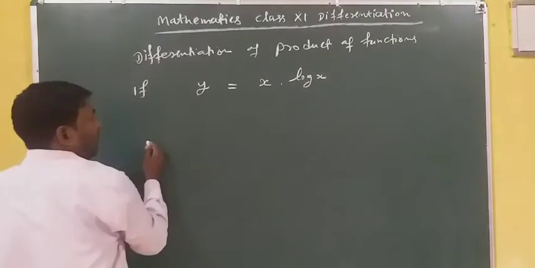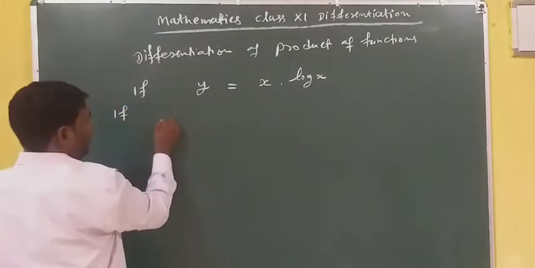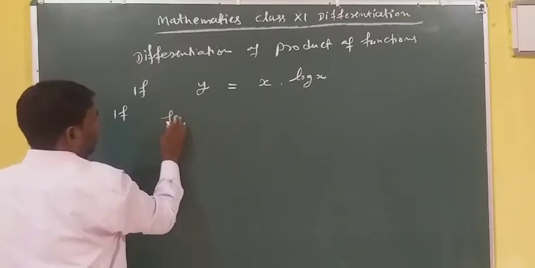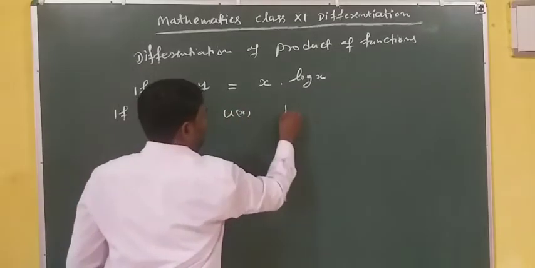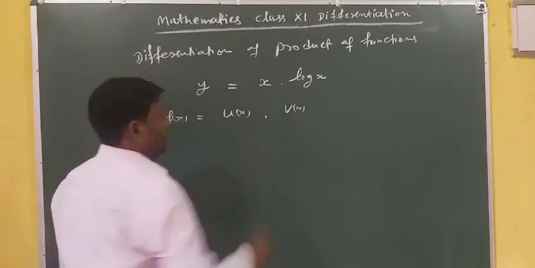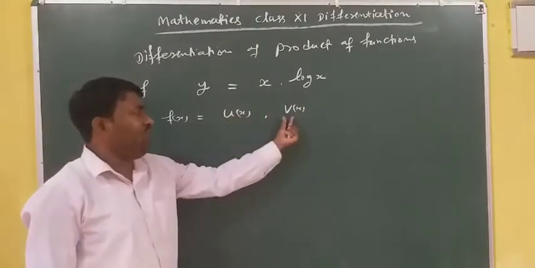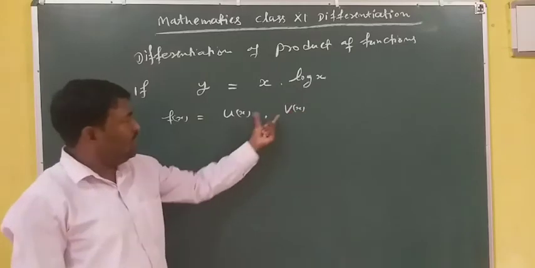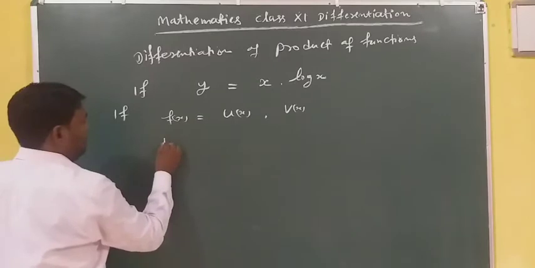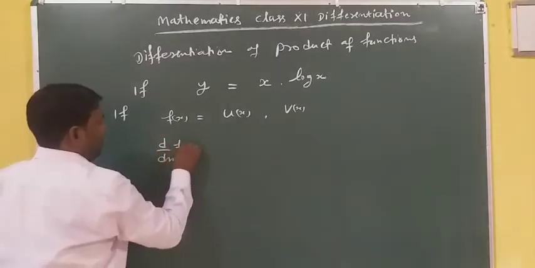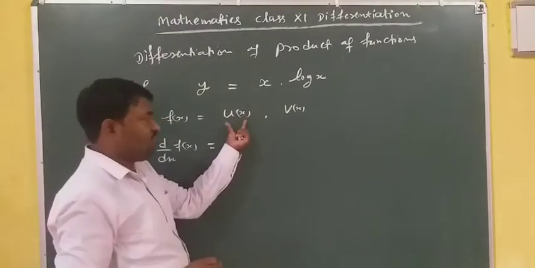So we have a formula: if there is a function f(x) in the form of u and v, and they are in product form, meaning u is a function of x and v is another function of x, then what will be the differentiation? d by dx of f(x) will be given by differentiation of the first function.